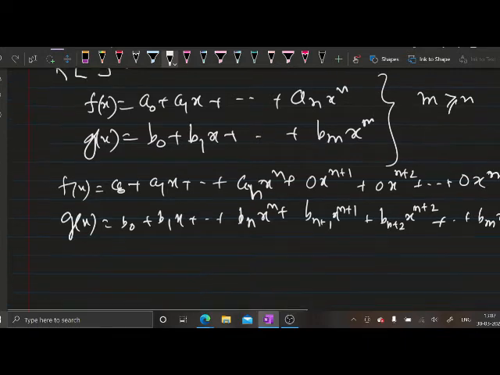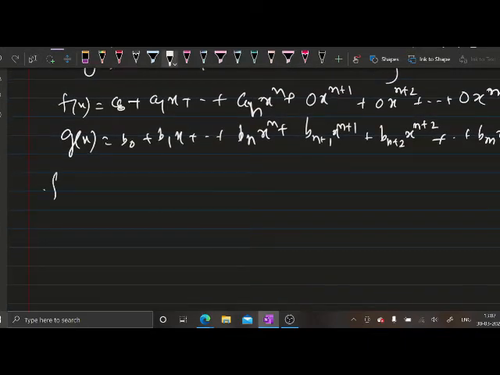So now you can add this f(x) and g(x) component wise.